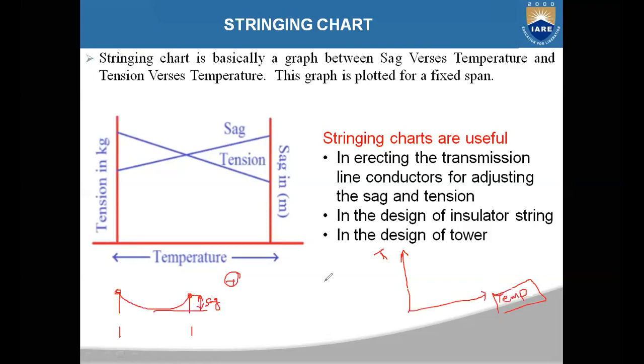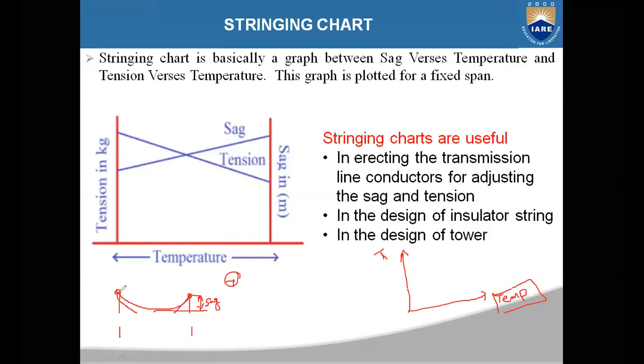The conductor will expand when the temperature is increased, so the conductor will come downwards from its actual position. In such a case, the tension on the conductor will be very low.